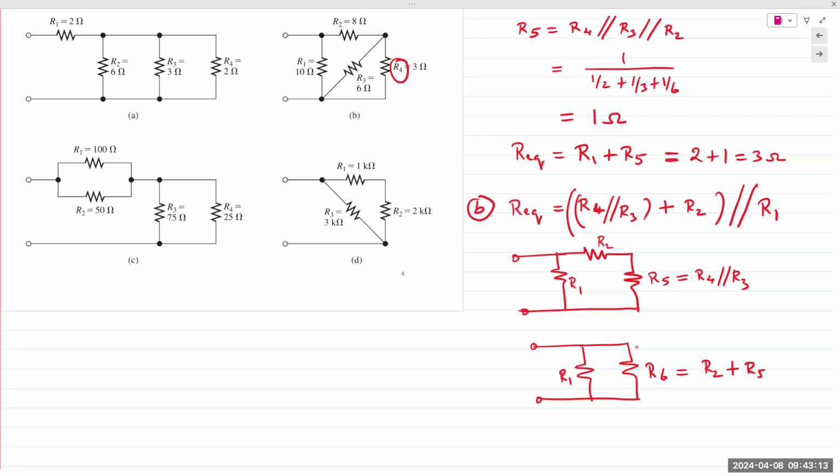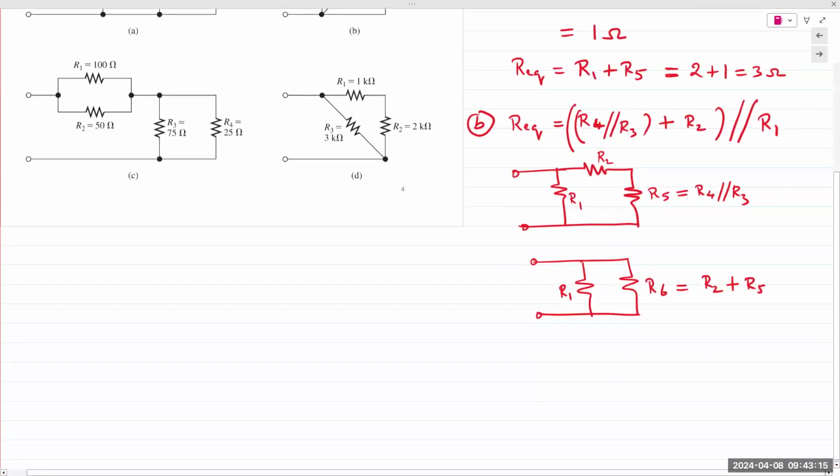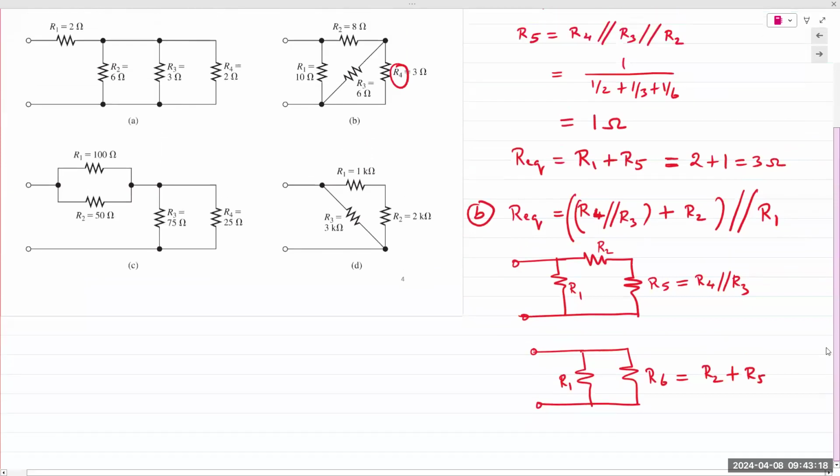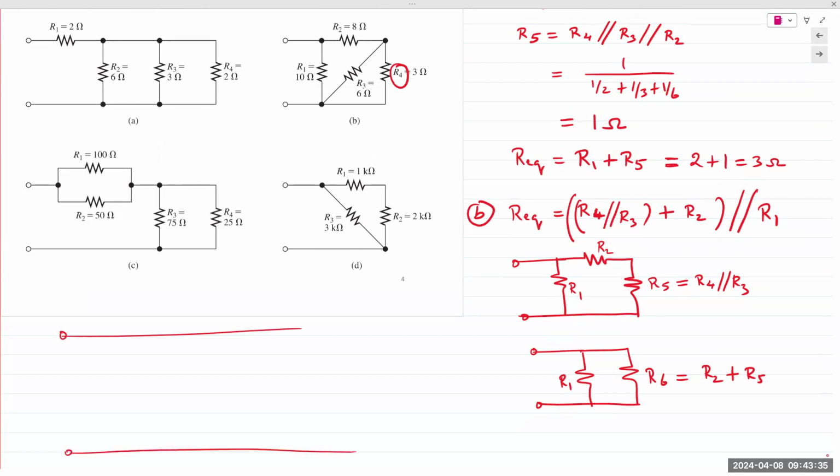Okay, so now I want to show you a technique that would work for most circuits. In that technique, what we do is we take the 2 terminals where we are measuring Req, and we draw them out as horizontal lines. So let's take example A. I'll call this node 1 and node 2.